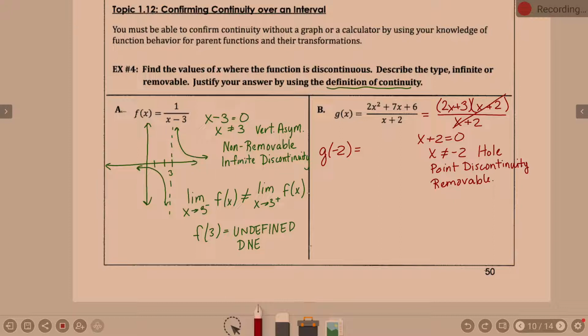Okay, so g of negative 2 is undefined. Yes, we could plug it in over here. However, that's just telling you where that hole is. So right there, I'm trying to throw in the word undefined because you often hear more undefined. I'm not disagreeing with does not exist, but same idea there. So that point is undefined.